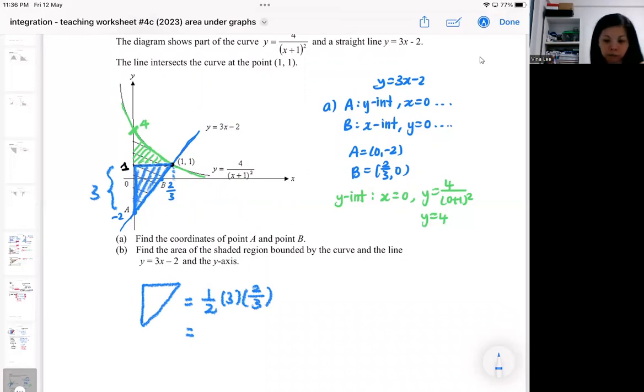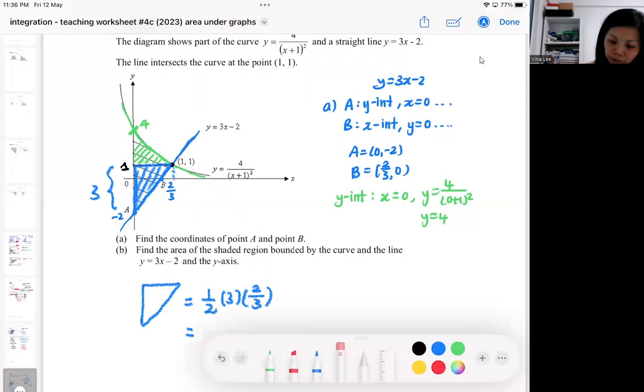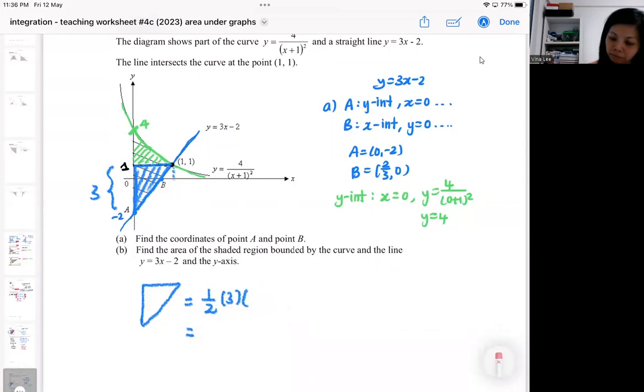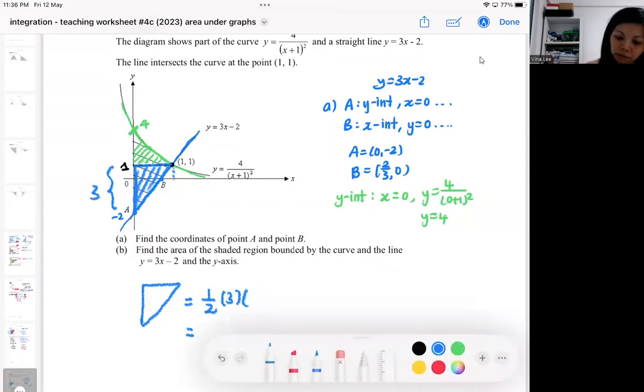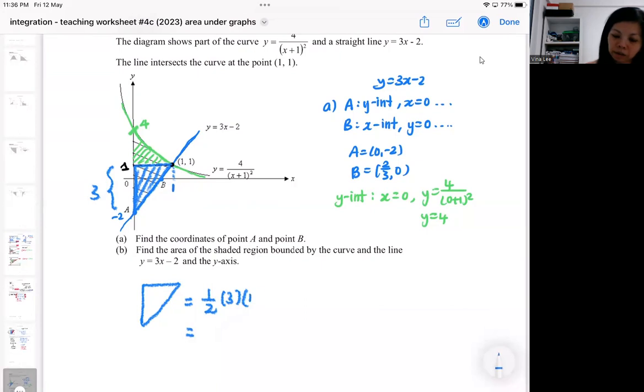Half times, oh sorry, I wrote it wrongly. This one is not 3. It's a 1. So it's half times base times height, you get 3/2 units squared.